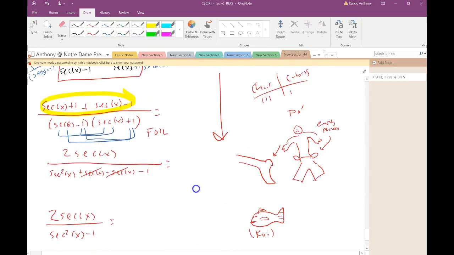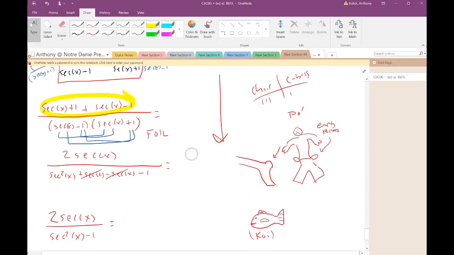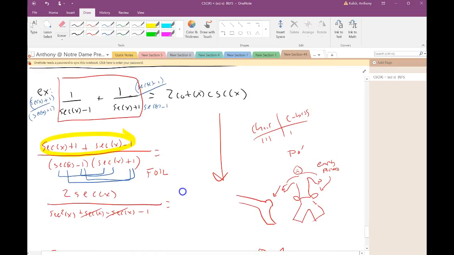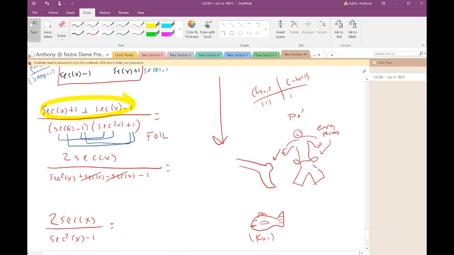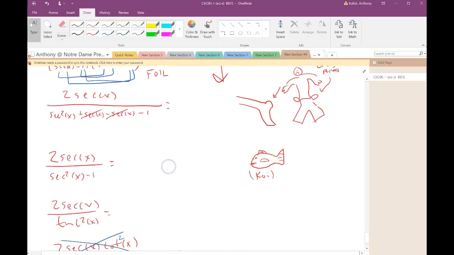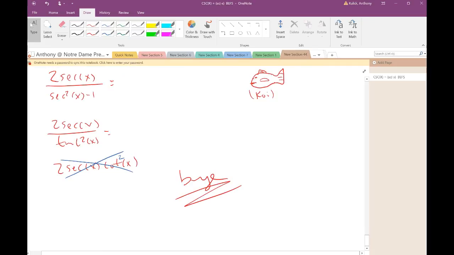It was this problem that we ended with yesterday, so I'm just picking up at that last step where we were yesterday. Okay.